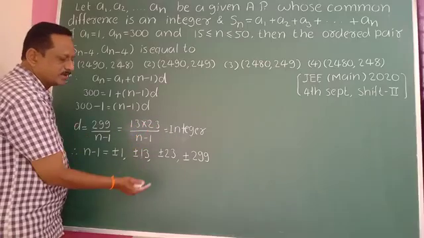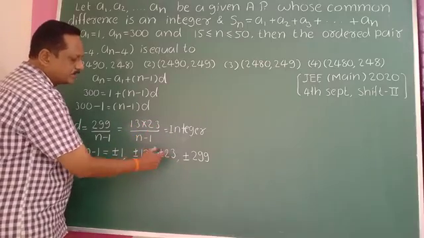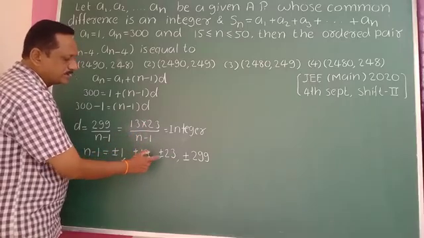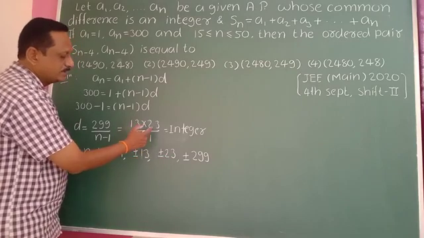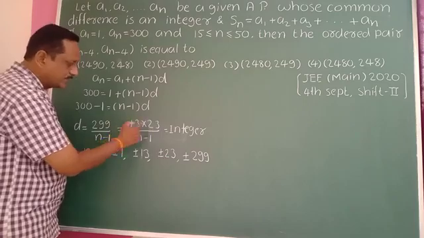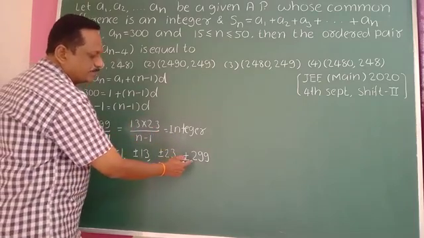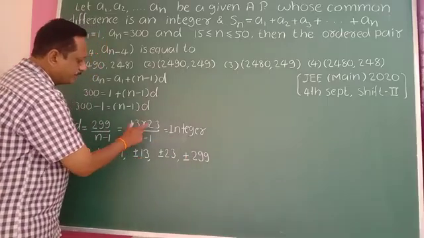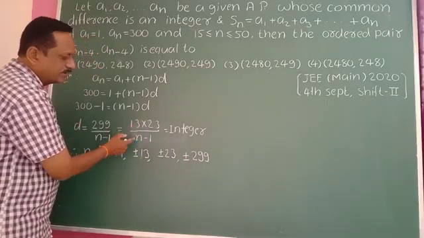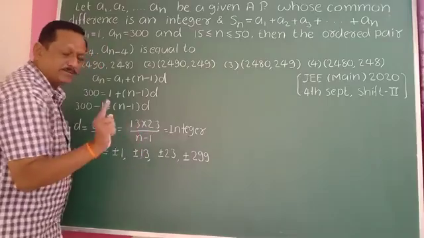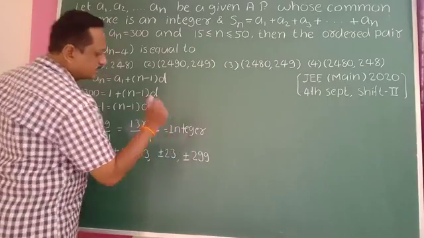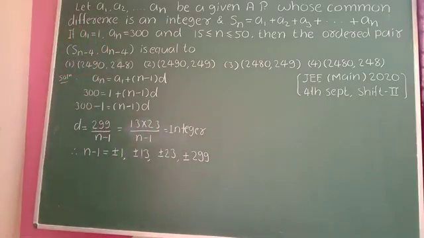This is an integer. If it is plus or minus 23, this denominator is plus or minus 23, 23 cancels, remaining this one, this is an integer. Otherwise, n minus 1 is plus or minus 299. Therefore the product is 299, 299 cancels, remaining plus 1 or minus 1, again an integer.